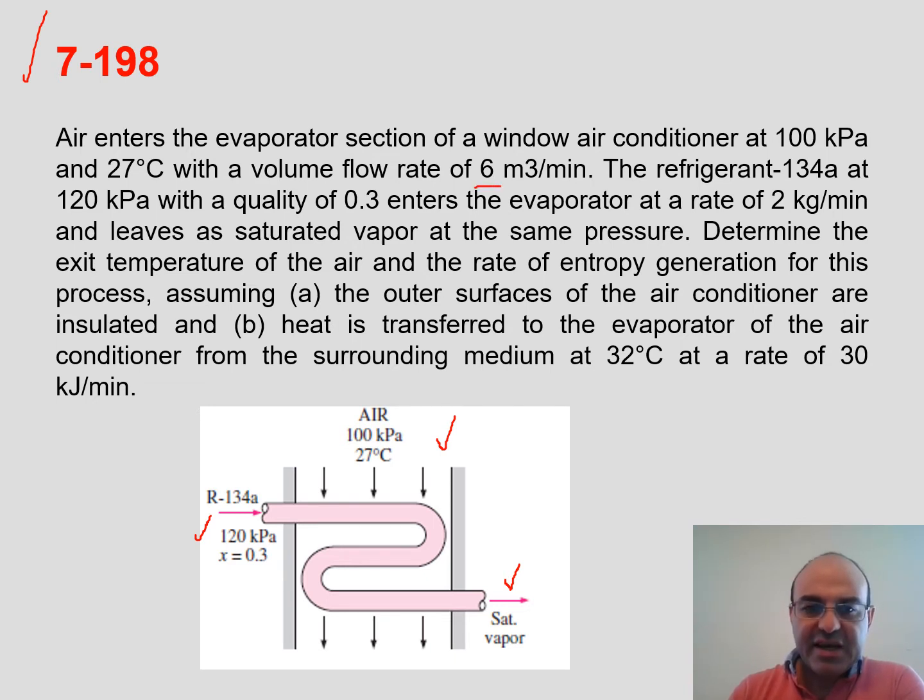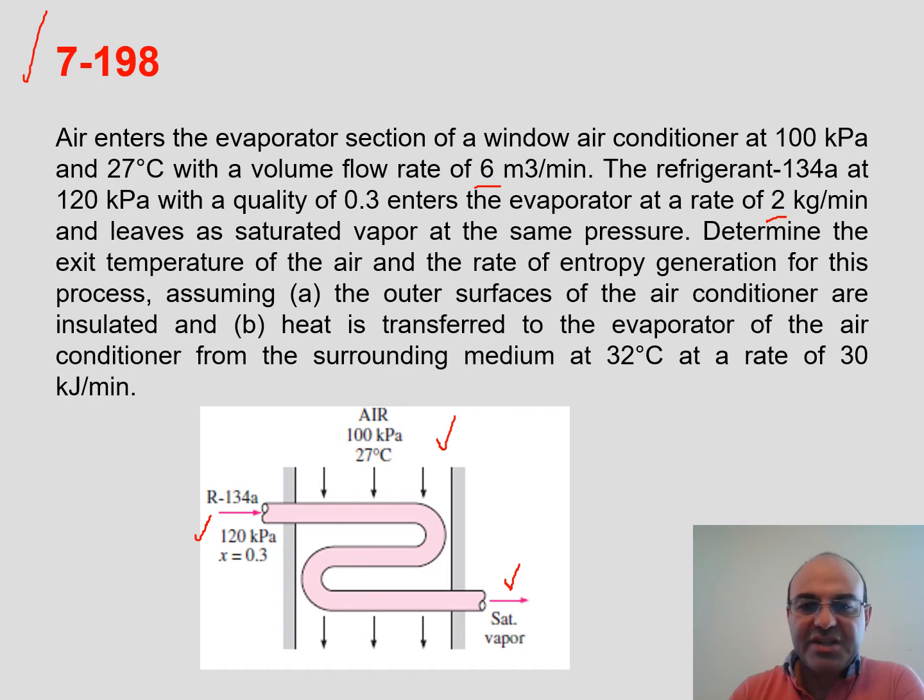The refrigerant enters at 120 with a quality of 30% at the given rate m dot, and leaves as saturated vapor at the same pressure, so here x is equal to 1.